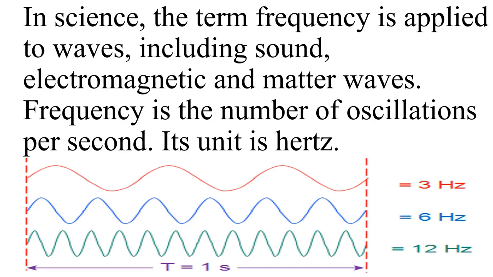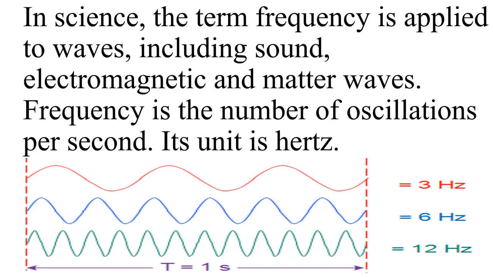In the diagram below, we have three different types of waves: one drawn in red color, another in blue color, and the last one in green color. The number of oscillations per second in the red wave is 3, hence represented as 3 Hz.